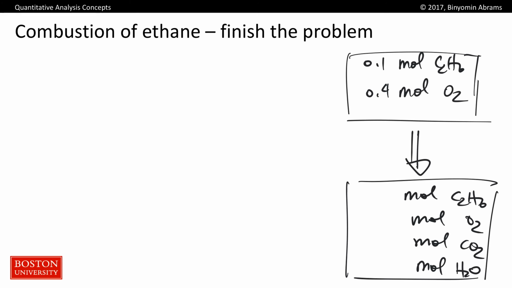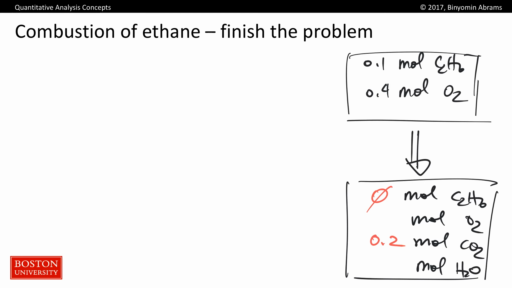Finishing this problem involves taking the amounts of reactants that we started with and finding out how much is left in the container and how much of the products we form. So we know that the ethane was our limiting reagent, which means we will have 0 moles of ethane remaining at the end of the reaction. We also calculated that 0.2 moles of carbon dioxide would form.